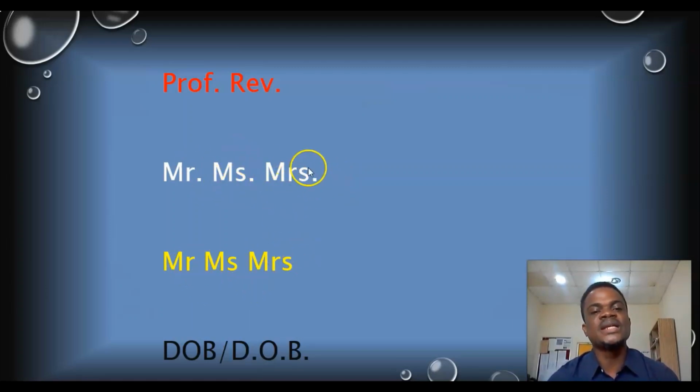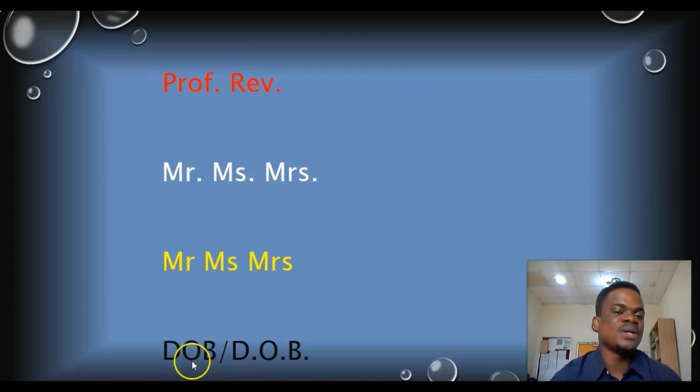So whether you go with this or you go with this, they are very correct. The same thing applies to this too. You can either write your date of birth this way because they feel that this is more fashionable and this is like old school. Any of them you use, they are all fine. So there is no error here. All of them are fine, and you can use it. A matter of choice.